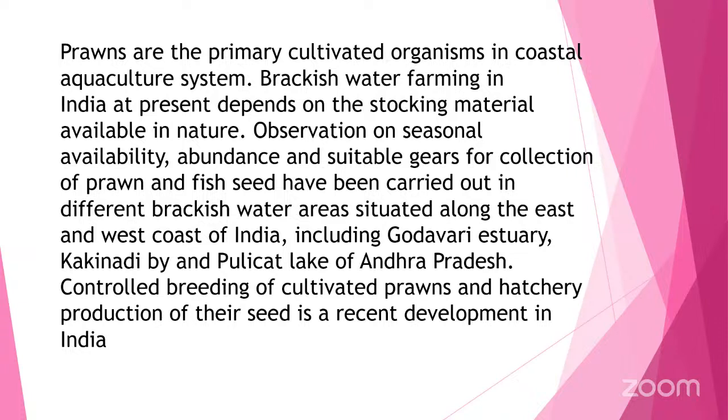Observations on seasonal availability, abundance, and suitable gears for collection of prawn and fish seed have been carried out in different brackish water areas along the east and west coast of India, including Godavari Estuary, Kakinada and Pulicat Lake of Andhra Pradesh. Controlled breeding of cultivated prawns and hatchery production of their seed is a recent development in India.